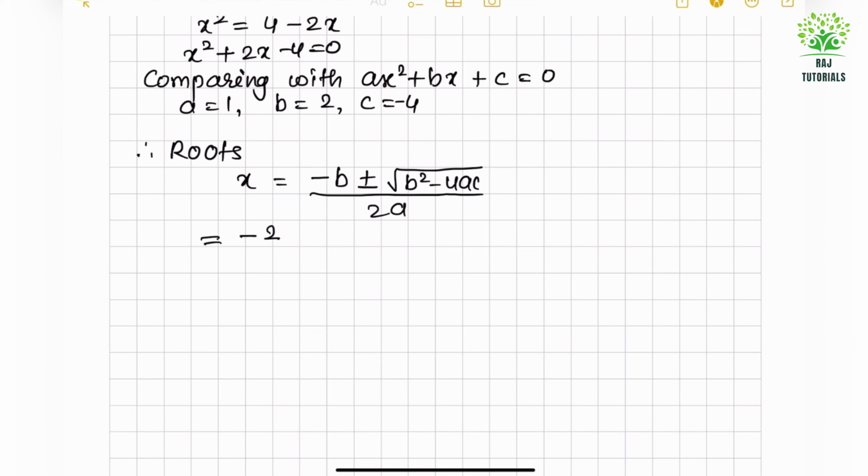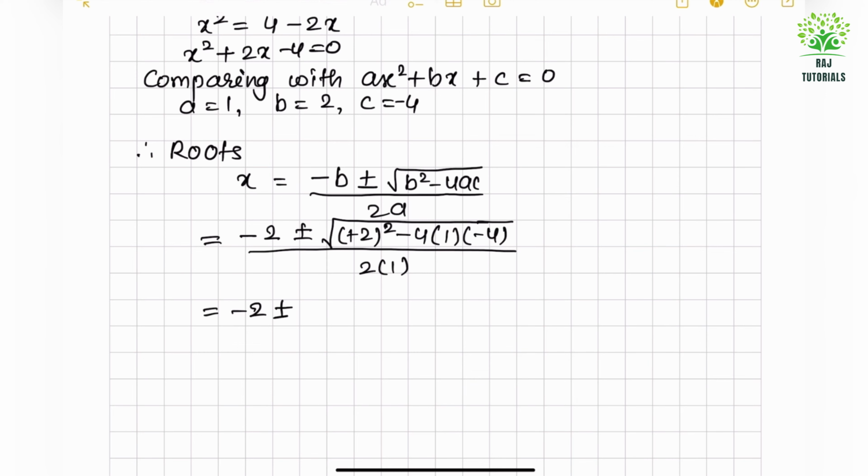So minus 2 plus or minus root of 2 square minus 4 into 1 into minus 4, upon 2 into 1.